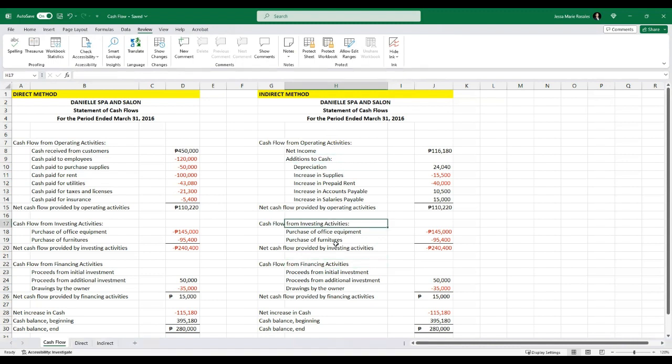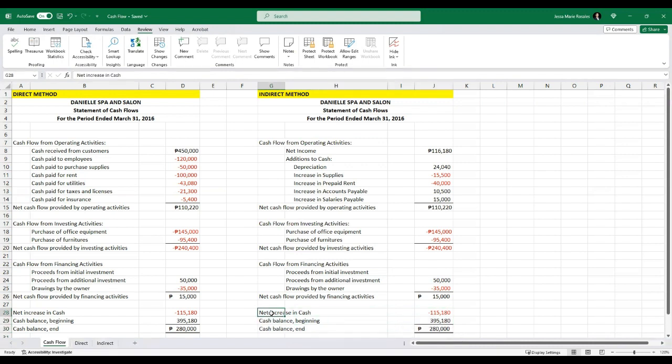Okay? Para mas klaro ang difference aning tulo ka activities. So, ang format is of course naay heading, and then naay section for cash flow from operating activities, then section for investing activities, cash flow from financing activities, and then sa baba makita nimo ang changes sa cash.